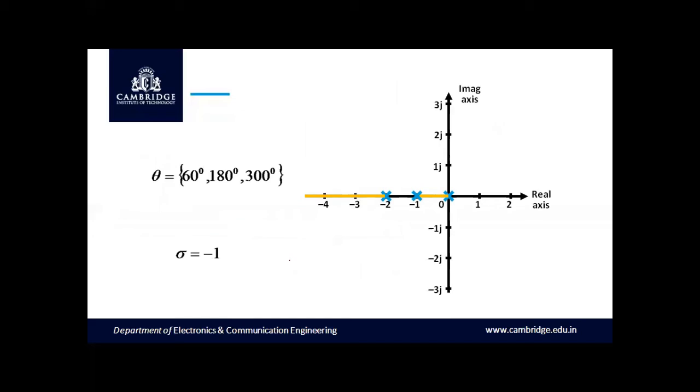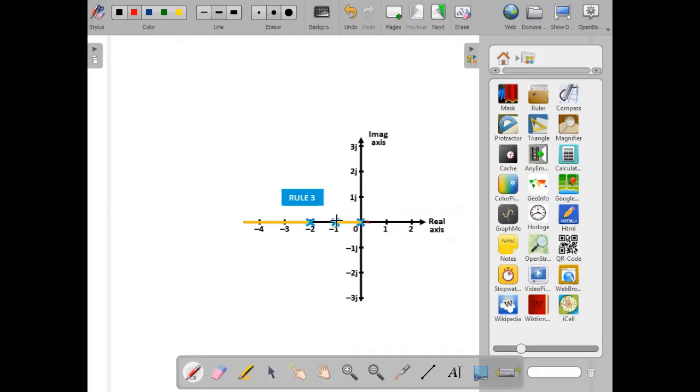We have applied rule number 1, 2 and 3 also in this case, and we are following up with the same example. Here sigma is equal to -1. Let me mark the centroid exactly at sigma equals -1.